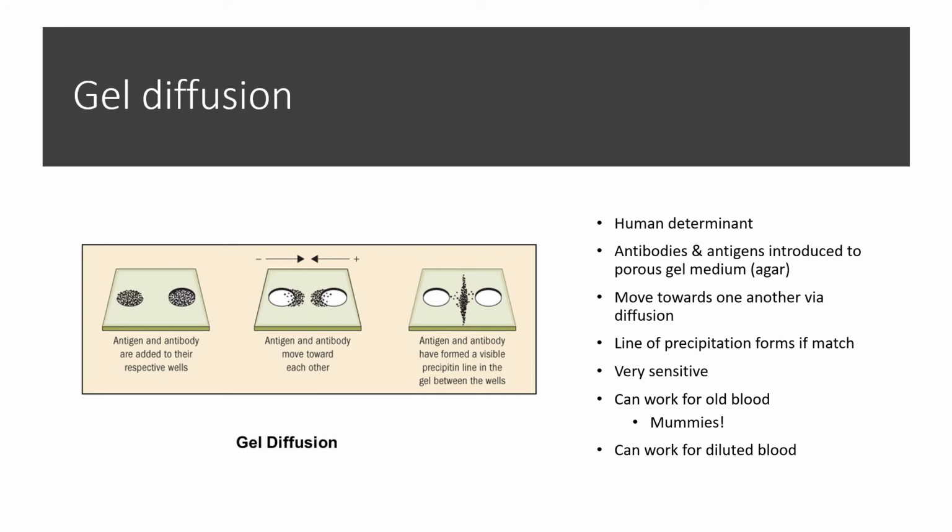It's certainly not impossible. It can also work very well for diluted blood. If you only have a little bit of blood, as long as you can get it stretched out enough to fill that well, you could potentially come up with a match.